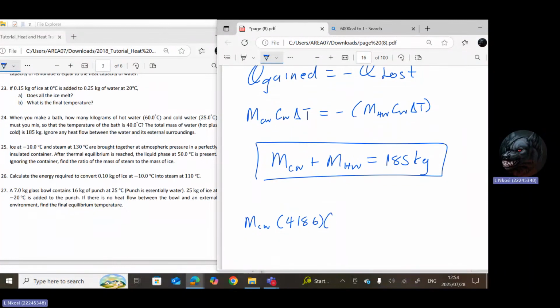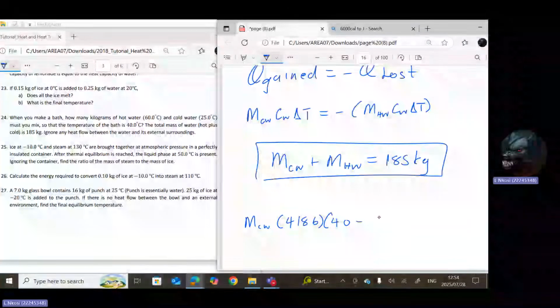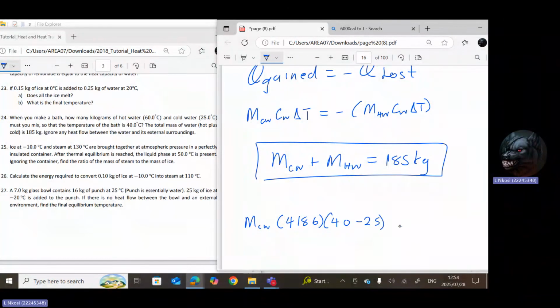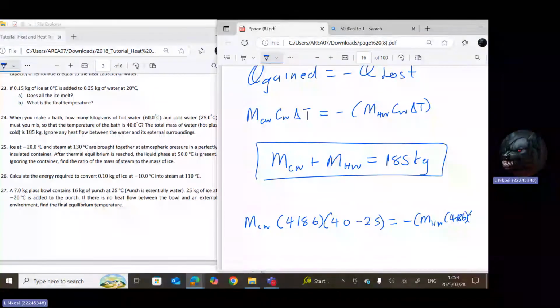Change in temperature, final temperature 40, so it's 40 minus 25. That's the cold water. It is equal to negative mass of the hot water, 4186, 40 minus 6.